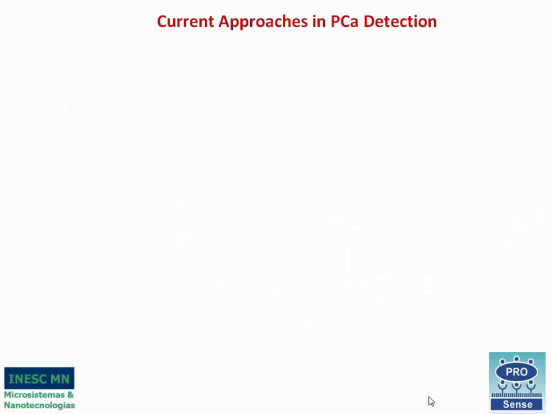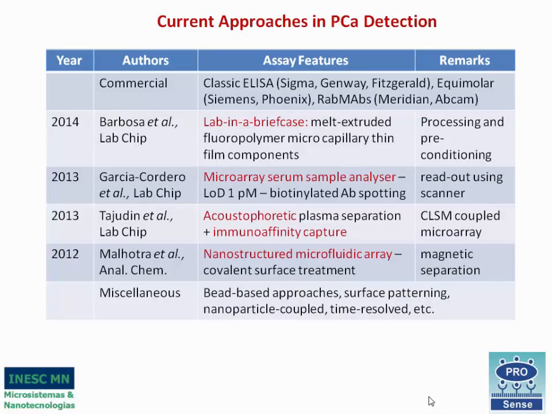It also becomes important to look at the current methodologies available for prostate cancer detection using microfluidic modes. We see that most of the methodologies being employed use an external detection device that needs to be implemented within the device system.